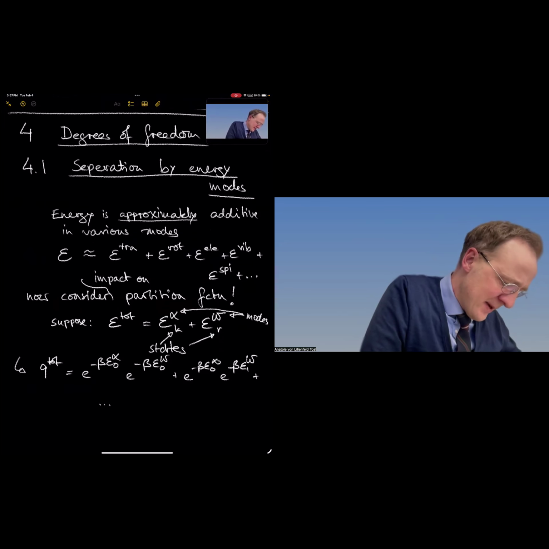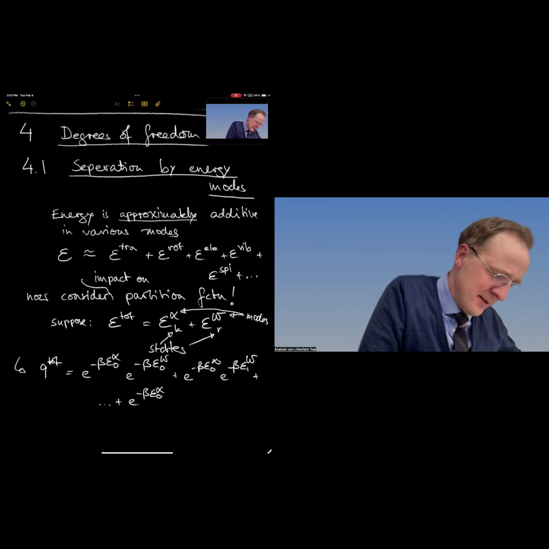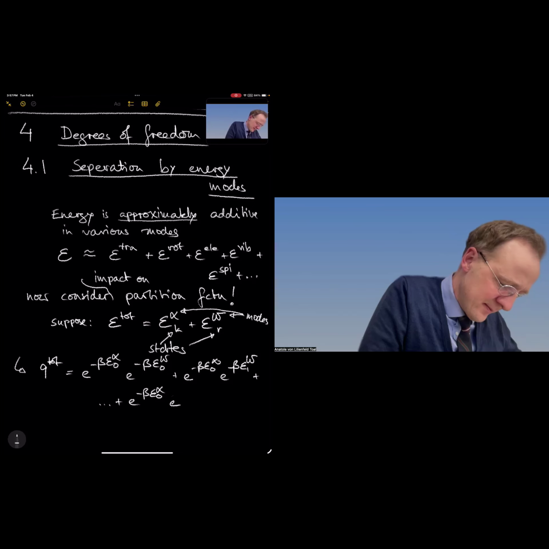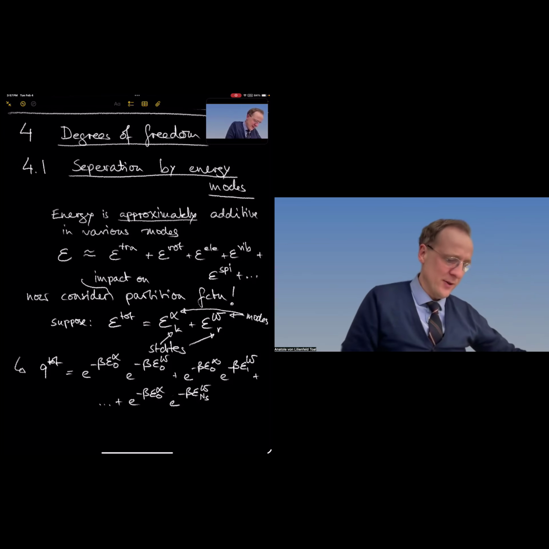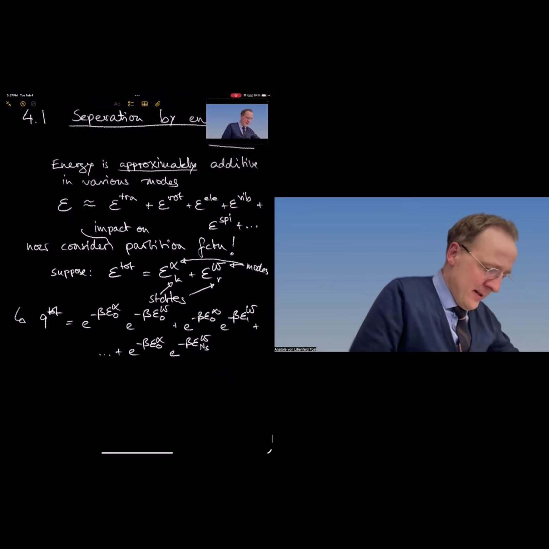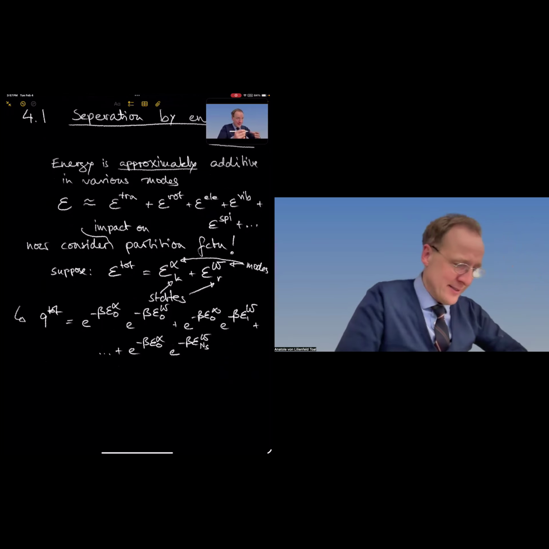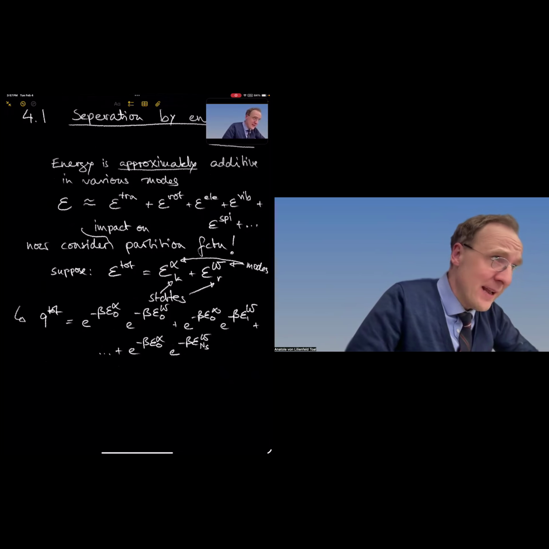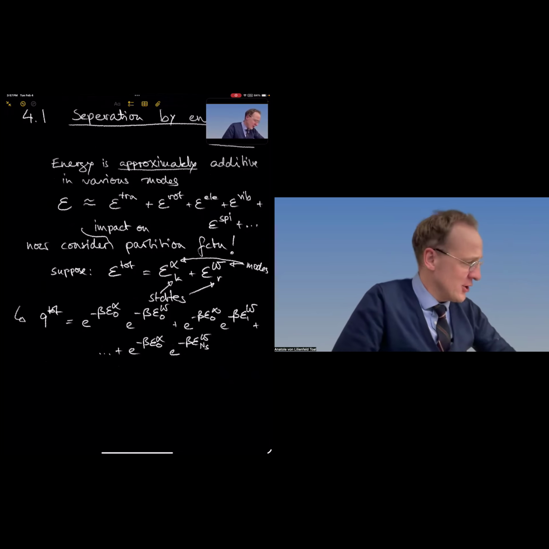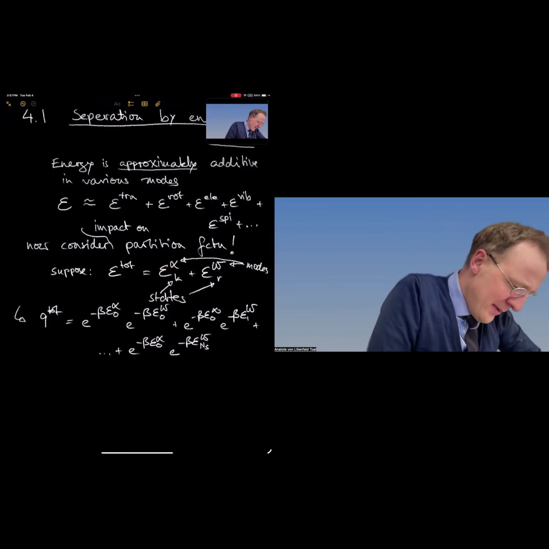And I continue the sum until I reach e to the minus beta epsilon Ns omega. Now I did all states for my omega mode. Now I always had this e to the minus beta epsilon 0 in front of each term. But now I have to repeat the exercise, but with the next state for the alpha mode.